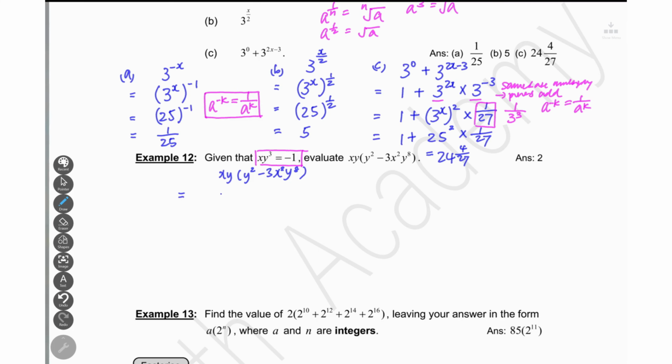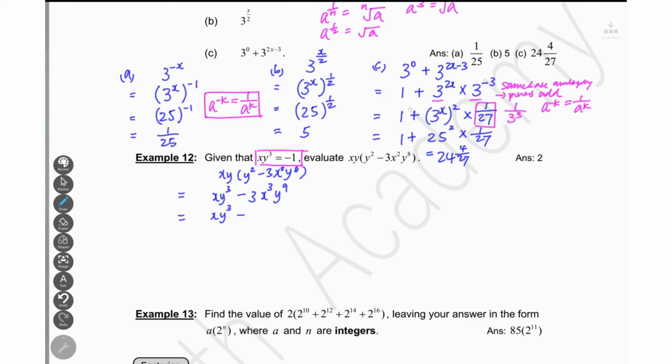Okay, let's expand it first. So xy cubed minus 3x cubed y to the power of 9. The first term, xy to the power 3, we can already use the substitution, negative 1. But I would like to rewrite the second term first, then I will do the substitution together in the next line.